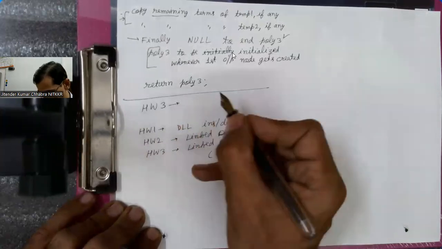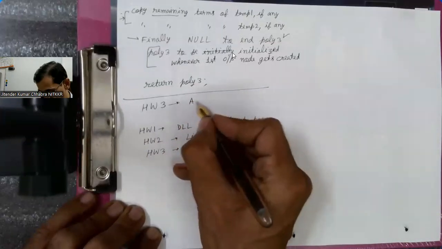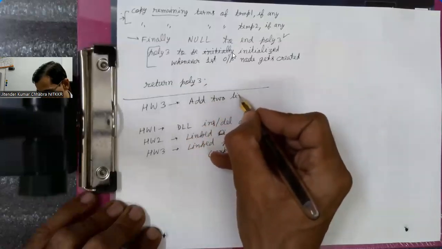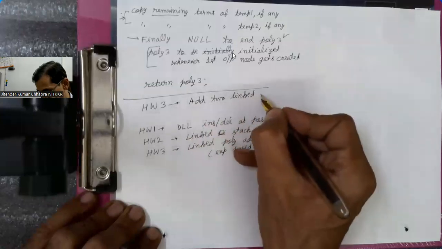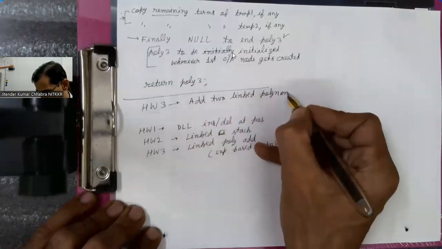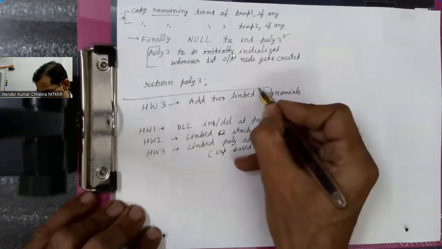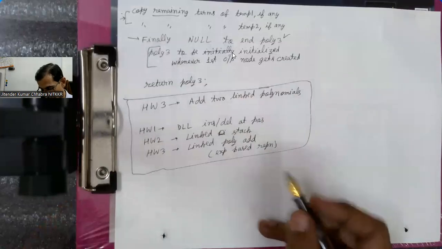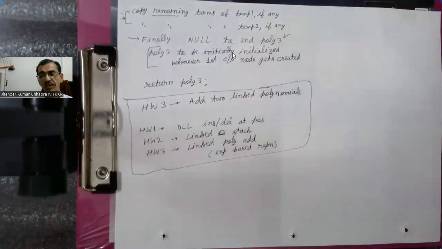So this becomes your addition of two polynomials, but the polynomials are linked. If you try these, you will have an excellent confidence, and all this will give you a lot of learning.